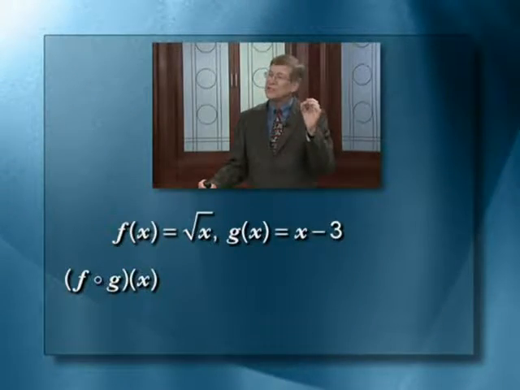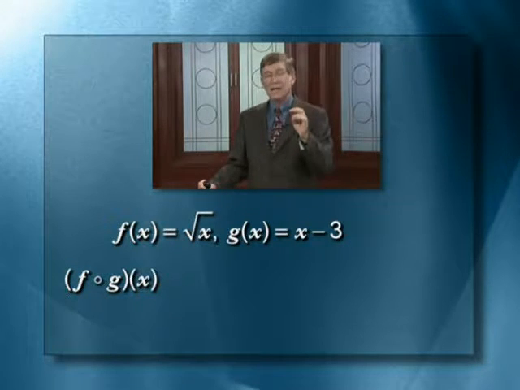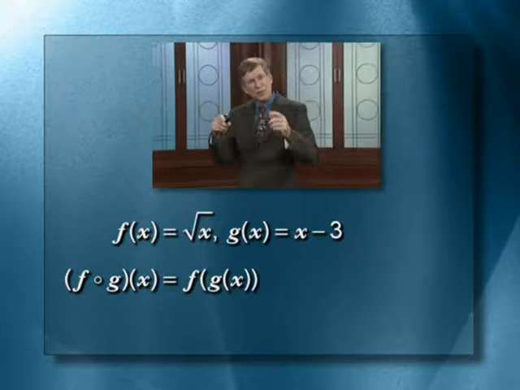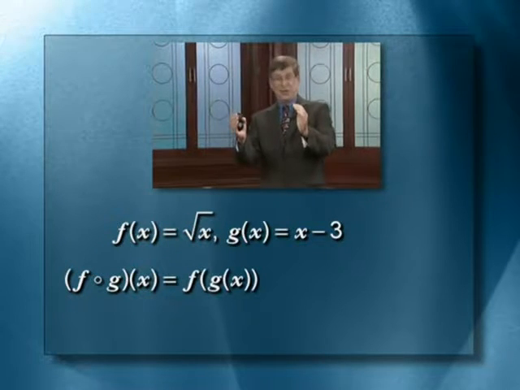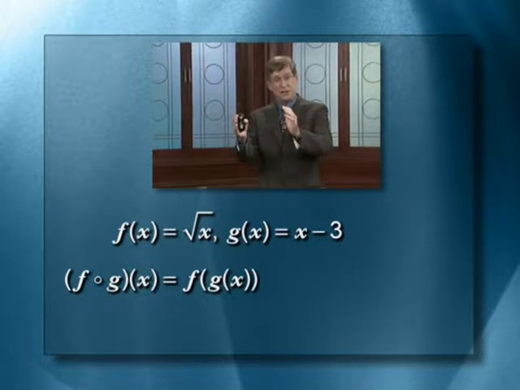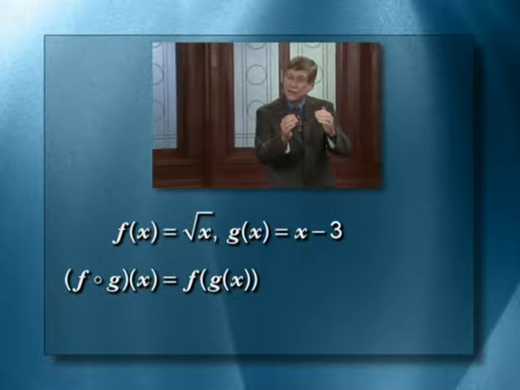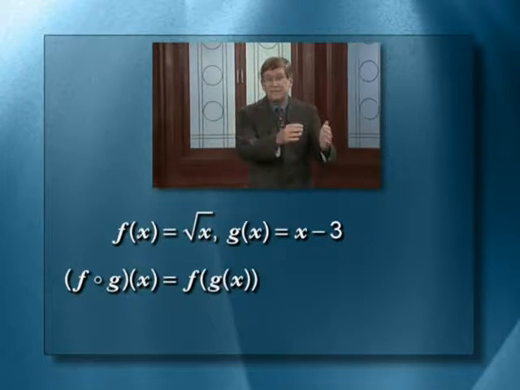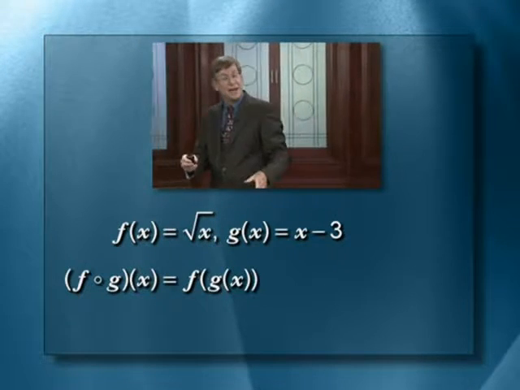The composition of f with g means the following. It means f of g of x. In other words, first you evaluate g of x. And after you have that answer, you take f of that answer. You apply f to the result of g of x.